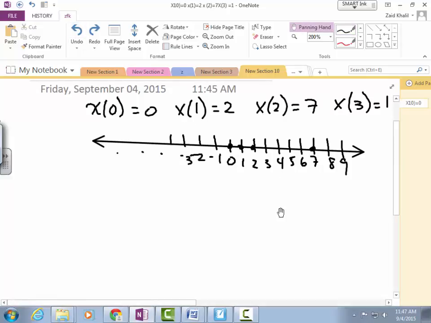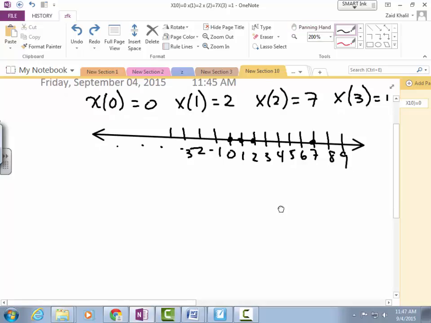Pan this up. Okay, so now I want to find the displacement from time equals 0 to 1. All right, so displacement from t going from 0 to 1. And what is that equal to?